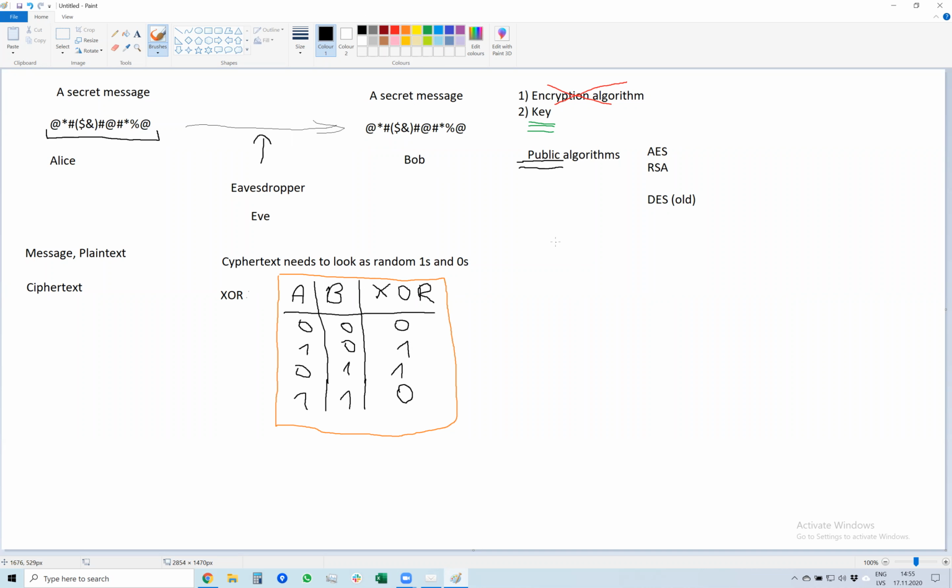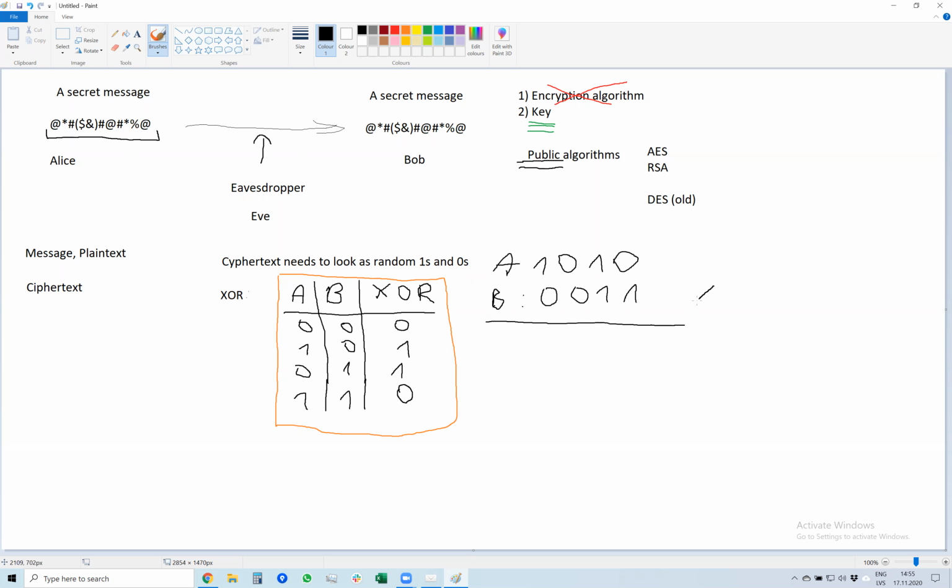I will write the same thing, but in a little bit different manner. So if we have input A as 1, 0, 1, 0, and B as 0, 0, 1, 1.